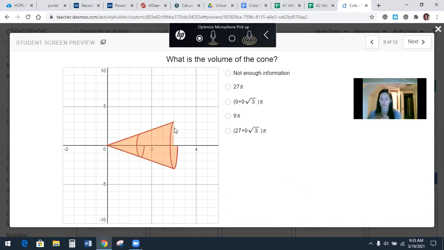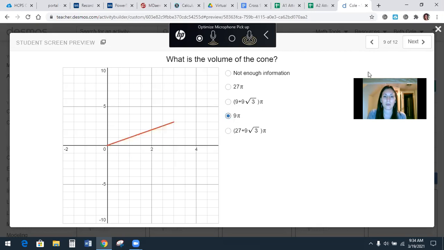It's not very much to scale there. Lots of 3s in that problem. So the radius and the height were both 3. The 1/3 at the front and the 3 at the end are going to cancel. So those are gone. 3 squared is 9, so we get 9 pi. And again, it would be units cubed, whatever the units were. They just usually don't give them. All right, so 9 pi for that one.